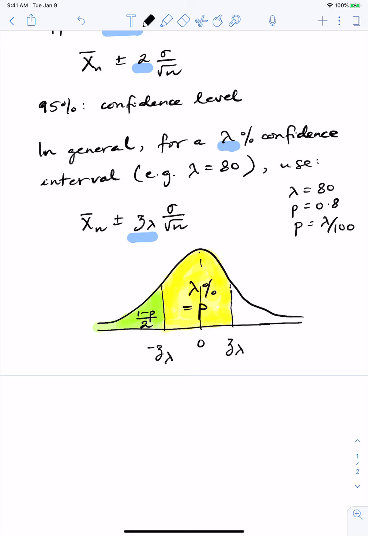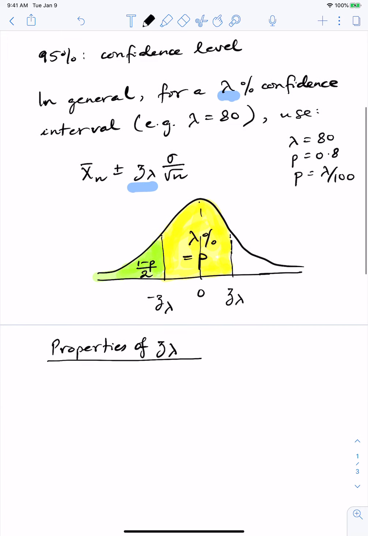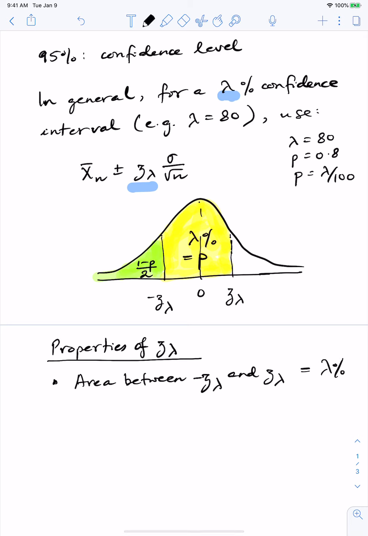And so what you've noted is that this z corresponding to your lambda has some properties. You defined it by the area between minus z lambda and z lambda, and that was lambda percent equals p, right?